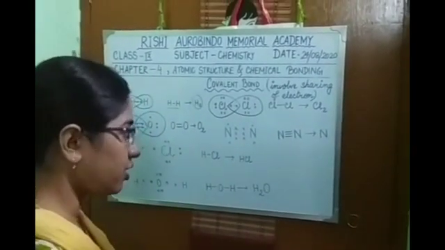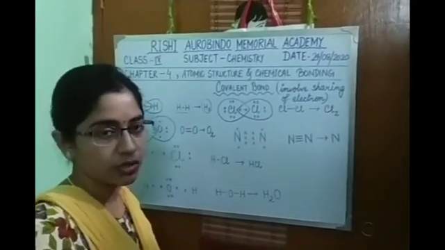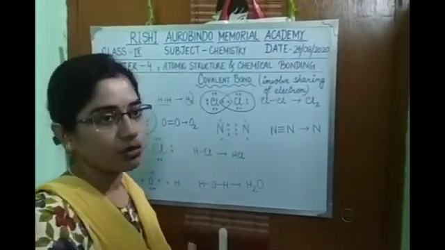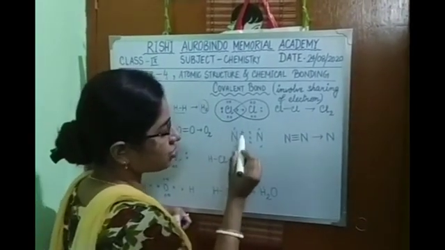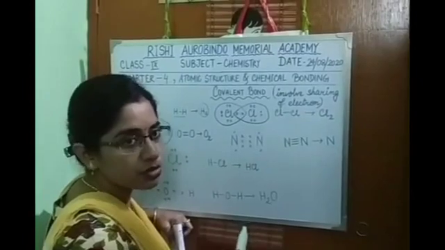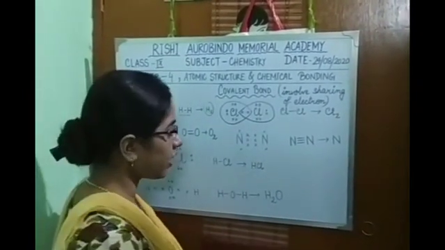Now in the case of nitrogen, nitrogen has 5 valence electrons in its outermost shell. The cross signs show the number of valence electrons in each atom of nitrogen.